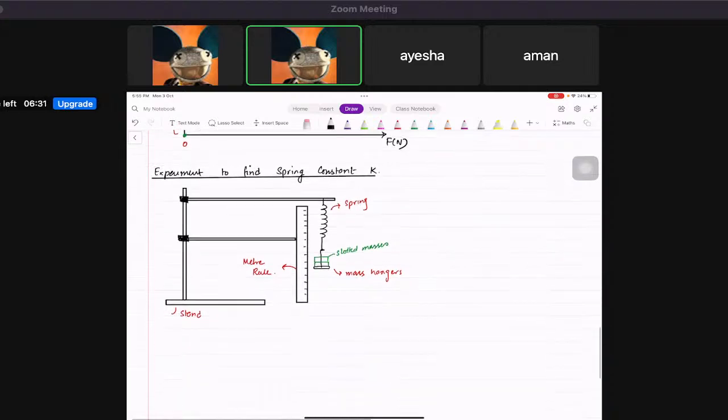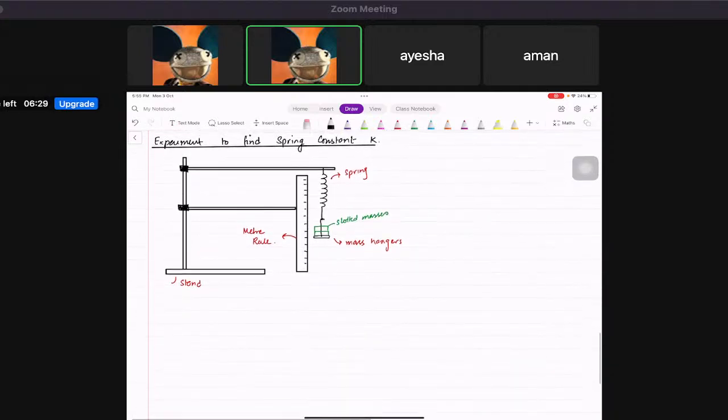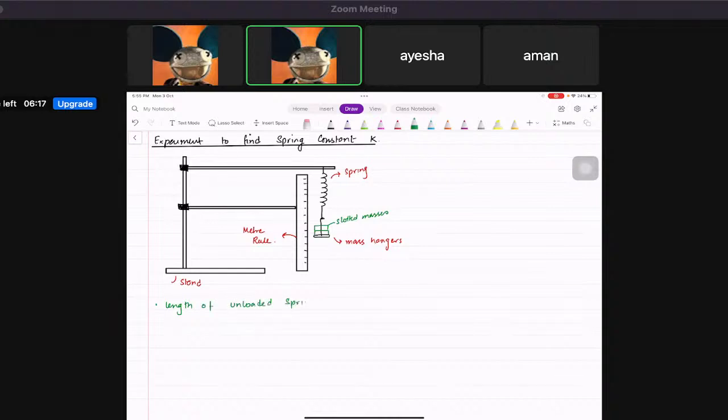Alright, now check this out, please. So, first of all, what you're gonna do is you're gonna check the length of the unloaded spring, which is measured using a meter rule, and let's call this length L0.